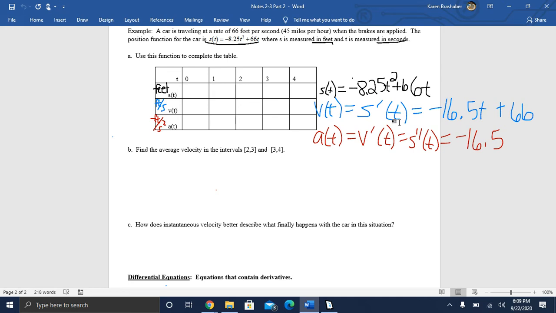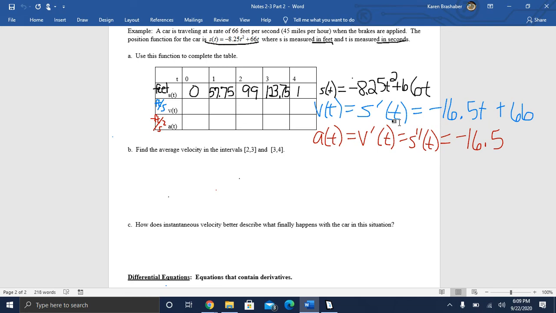All right, so now you're going to complete the table. And in the interest of time, I'll just go ahead and fill in the numbers. I would hope that if you needed to, you could use your calculator and fill those in. So you could go ahead and copy these things down. I'm just plugging in the different time values in place of t to get these values.